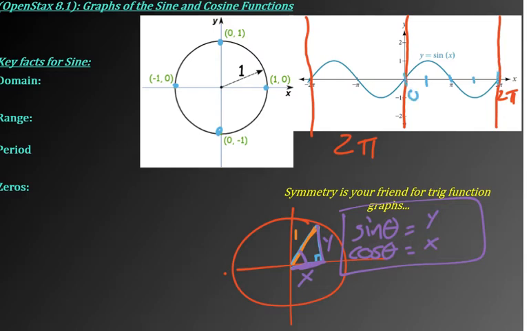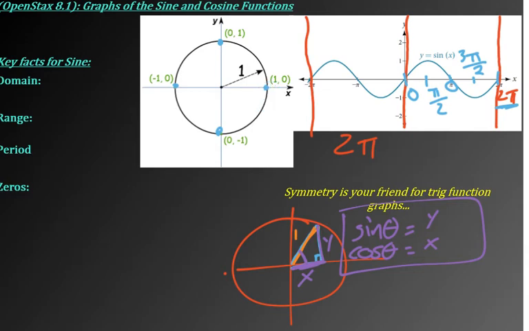And the breakpoints are at 0, an angle of 0, pi over 2, pi, 3 pi over 2, and then of course 2 pi. So that corresponds to 0 angle right here, pi over 2 right there, pi right there halfway, and then 3 pi over 2 right there, and then back to 2 pi, okay?